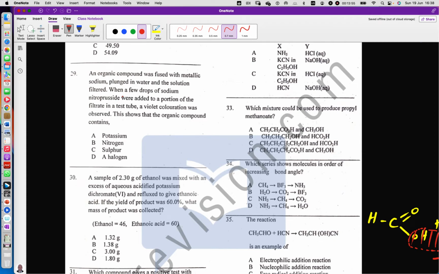It should be noted that sodium fusion is converted to sodium sulfide. I've just written the equation. The sulfide ions are then identified using sodium nitroprusside.